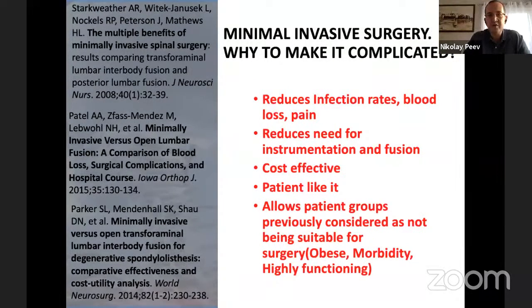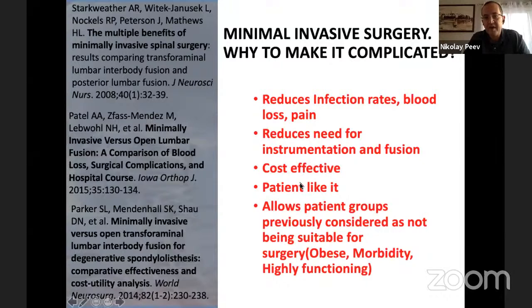Why do we have to make it complicated? This is a question that many people will ask themselves if they have to start. But here is why: with minimal invasive surgery, you will significantly reduce your blood loss and pain levels. You will reduce the need of instrumentation. It's cost-effective after you pass the initial stage of developing the surgery.